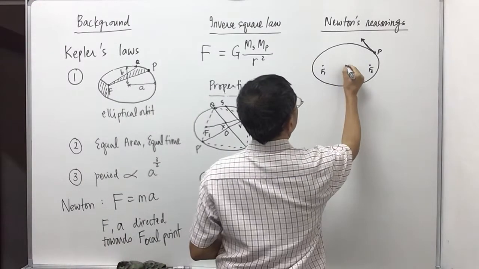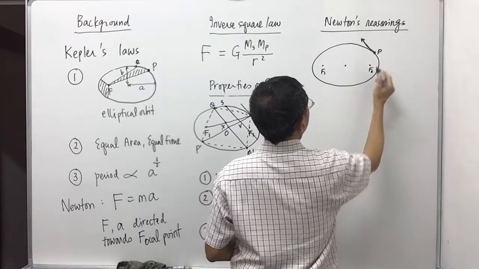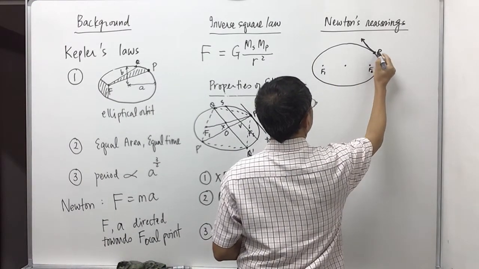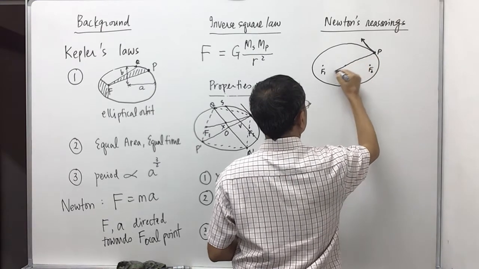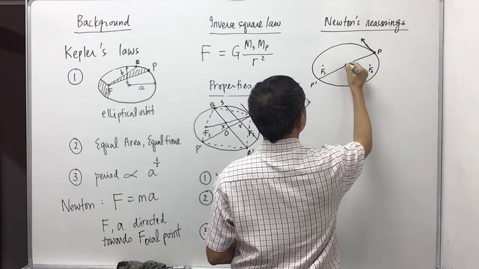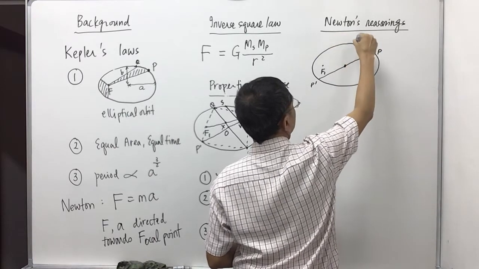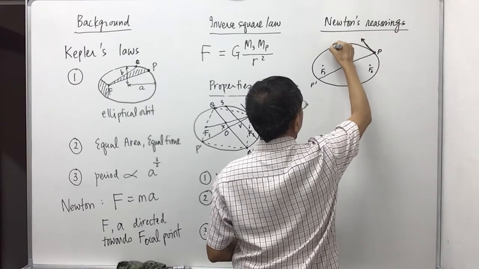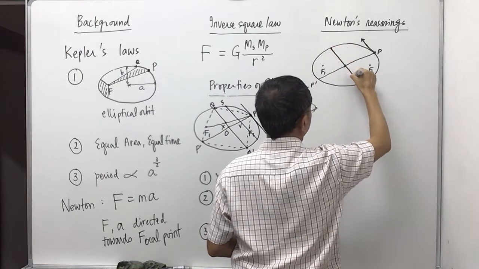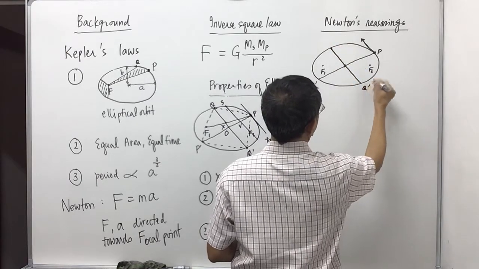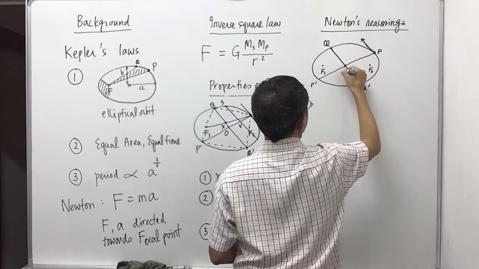So let's construct. So here is a point O. I'm going to join P through O to the other side. That's my P prime. I'm going to draw a conjugate diameter that's parallel to my tangent line, remember? And that's my Q prime.